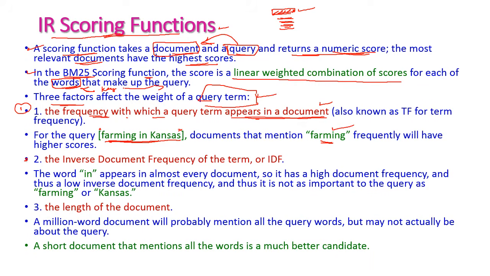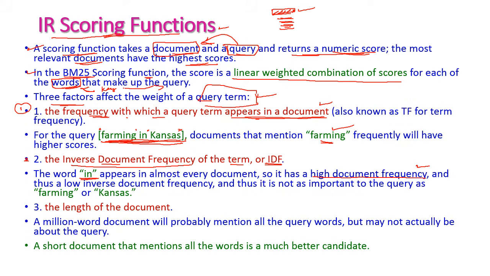And the second one, the inverse document frequency of the term, otherwise called IDF. Let us take this query again, farming in Kansas. Here the word "in" will appear in almost all the documents, and in almost all the sentences we can find this "in". That means the frequency of appearance of "in" is very high, a high document frequency.